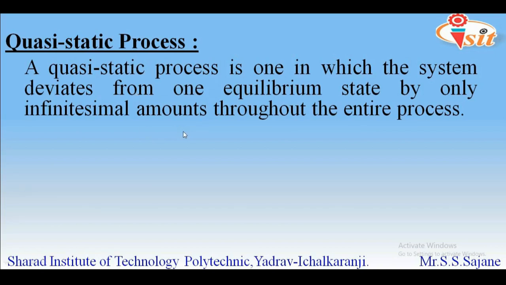The meaning of this is that the process is changing from one state to another by only a small amount. Infinitesimal means a very small change in the state. So if the process deviates from one point to another by only a small amount of change, then we call such a process a quasi-static process.